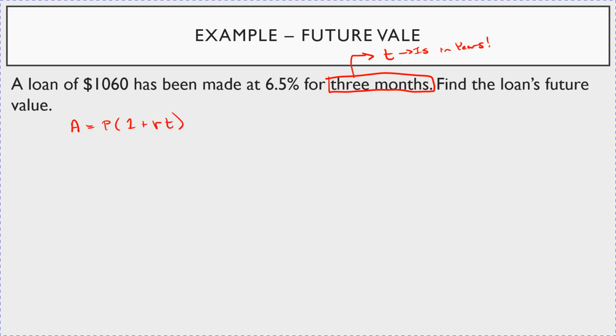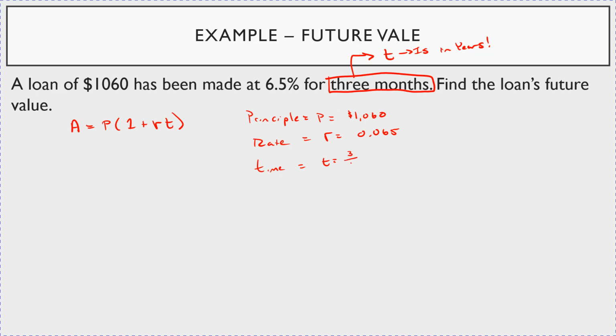All right. Well, look, I've got P. That's the $1,060. So the principal is $1,060. The rate is 0.065. Now t, time, this is interesting. You have to write 3 months in terms of years.